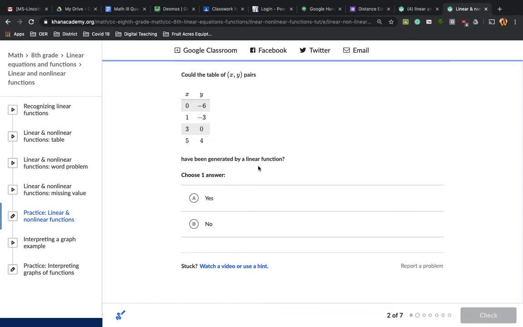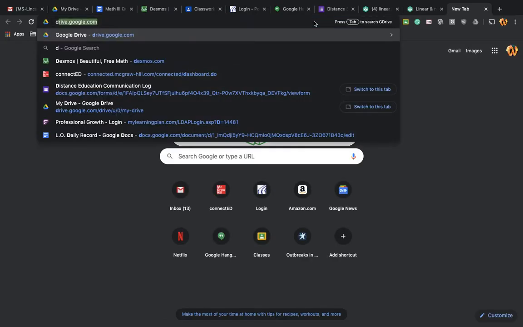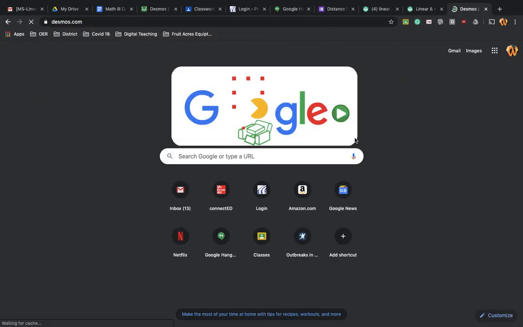We got a pretty standard question about tables, graphs, and functions. Could the table of x and y pairs, they're right here, right? X's and y's, have been generated by a linear function? My favorite way to answer this, you all know, and I'm going to show you anyways, is to go and make a math picture, right?